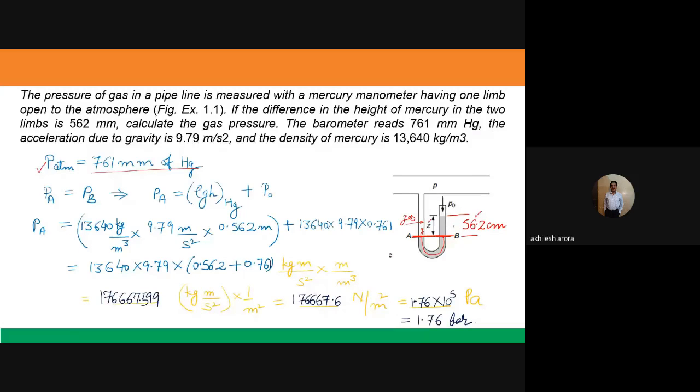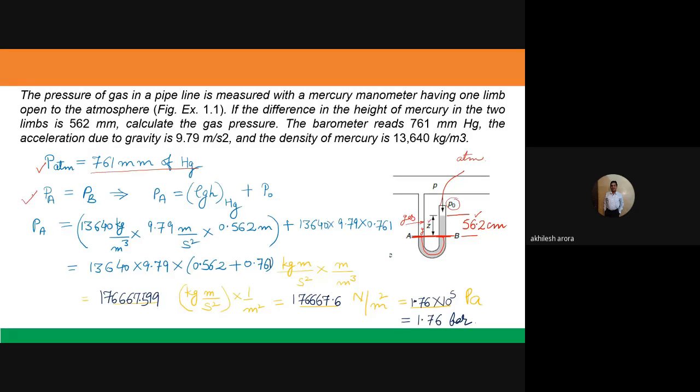So we have to calculate. And you can see there we have the atmospheric pressure, because this end is open to the atmosphere. Here the atmospheric pressure is acting. So what is the total pressure at A?